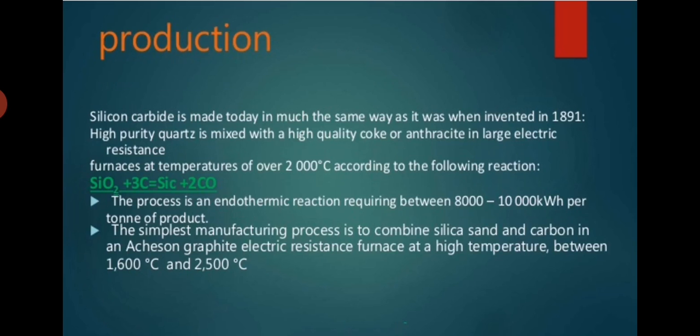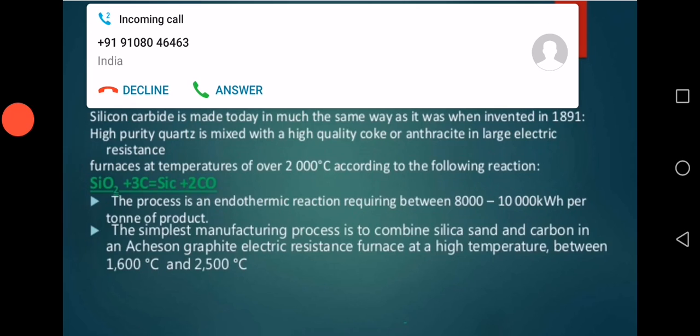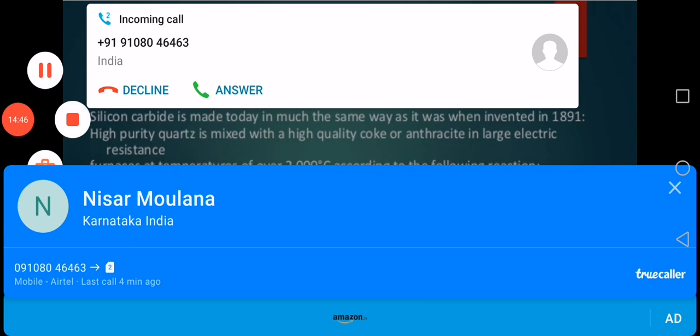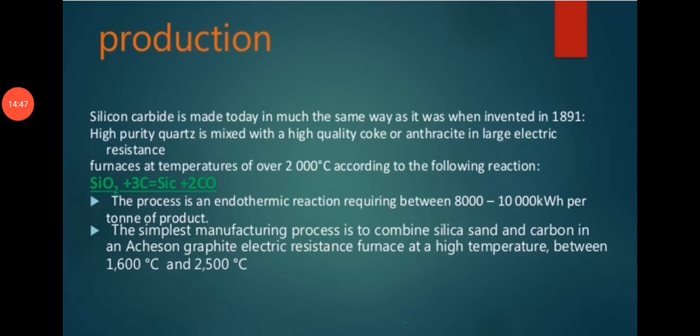Coming to the production, silicon carbide is made today in much the same way as when it was invented in the year 1891. It has the same type of production steps.